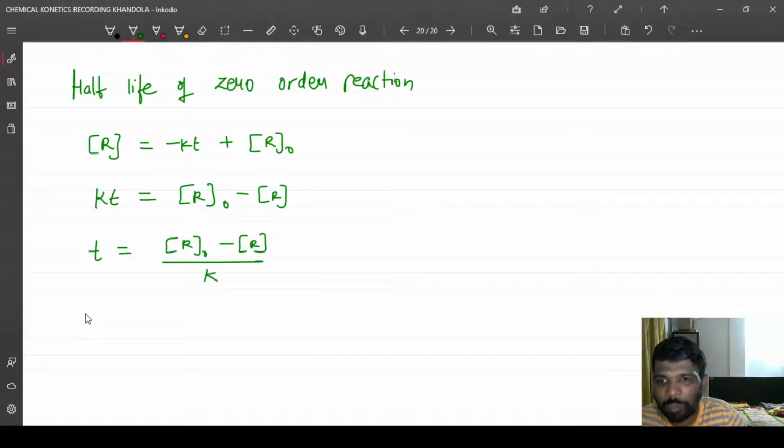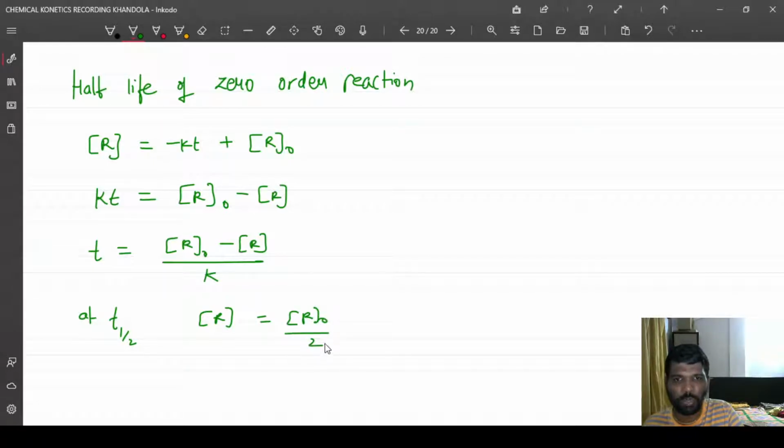Now at t half, what is the meaning of t half? By definition, t half is when the concentration of the reactant reduces to half of its initial concentration. R0 is not going to change, but R at t half will be equal to R0 by 2.